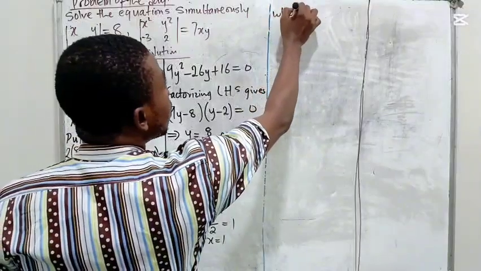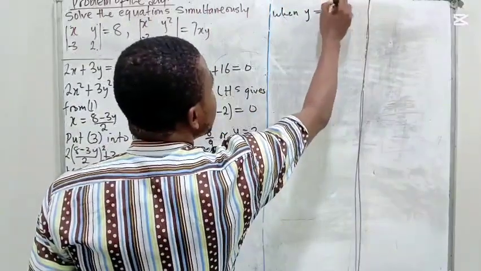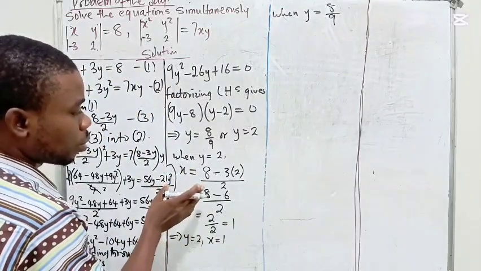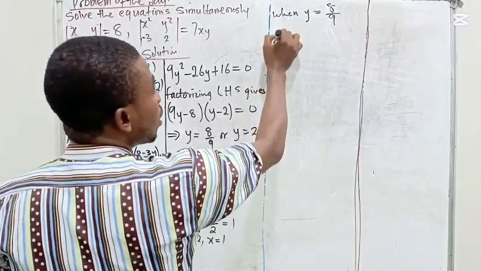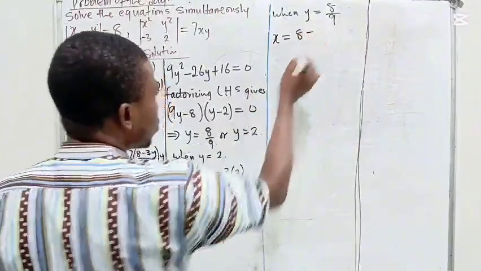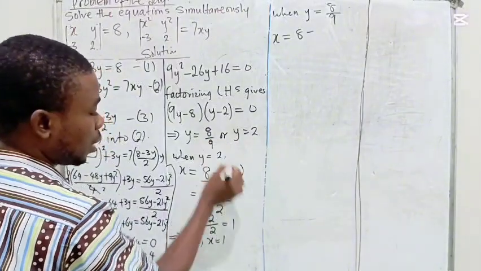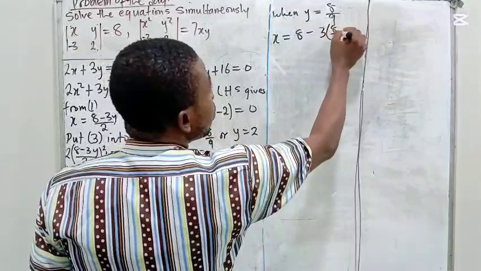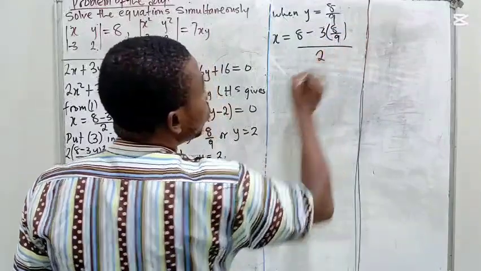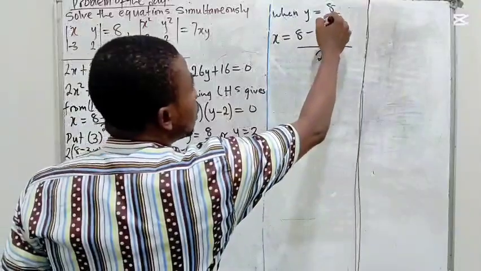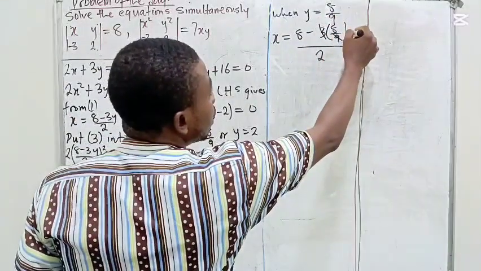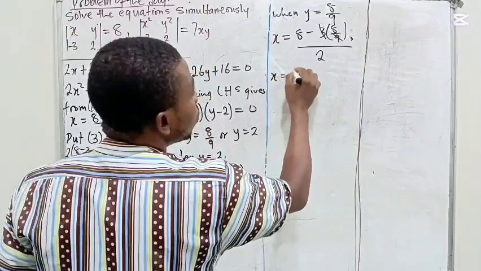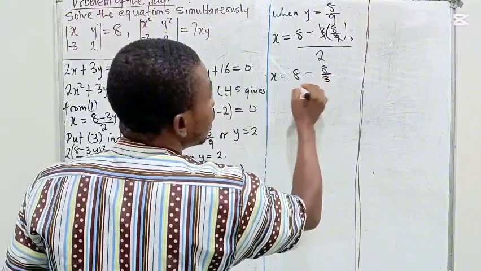So x will be equal to 8 minus 3 times 8 over 9, all over 2. These 3 can divide this, so 3 will remain. So x will be equal to 8 minus 8 over 3, all divided by 2.